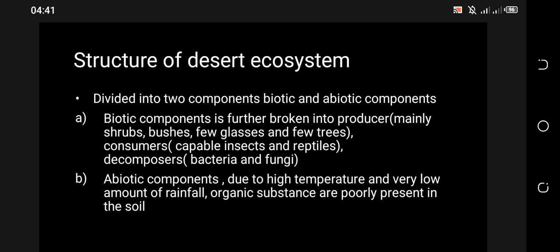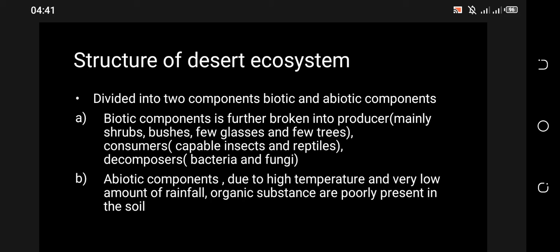As we have been discussing, the structure is divided into two components, biotic and abiotic components. Biotic components, as we have been discussing, deal with living organisms. Biotic components are further broken into producers, consumers, and decomposers.